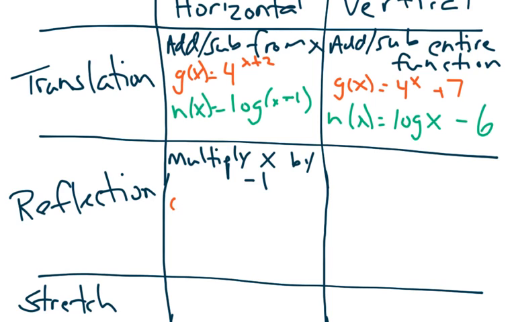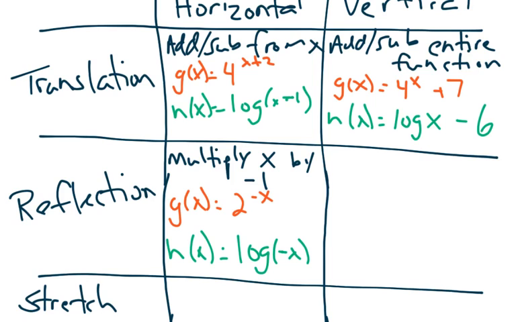So an example could be something like g of x is equal to 2 to the negative x power. We're multiplying x, directly x, by negative 1. Same thing with a logarithmic function. h of x is equal to the log of negative x. Okay, that would be an example of a reflection over the y-axis of a logarithmic function.